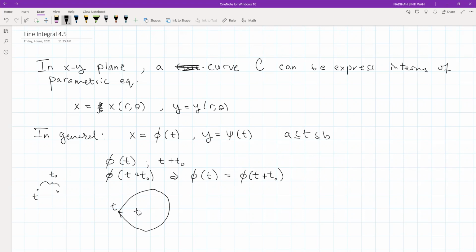So even though this is t plus t naught, at increasing time, you end up at the same point. So this is called a closed curve. It returns back to the original point.